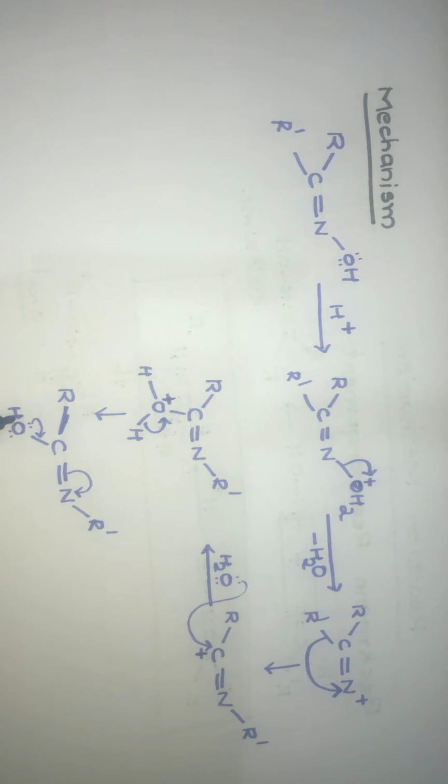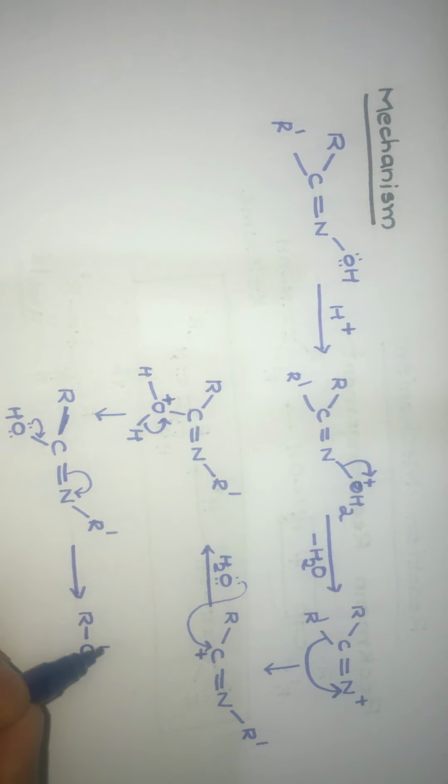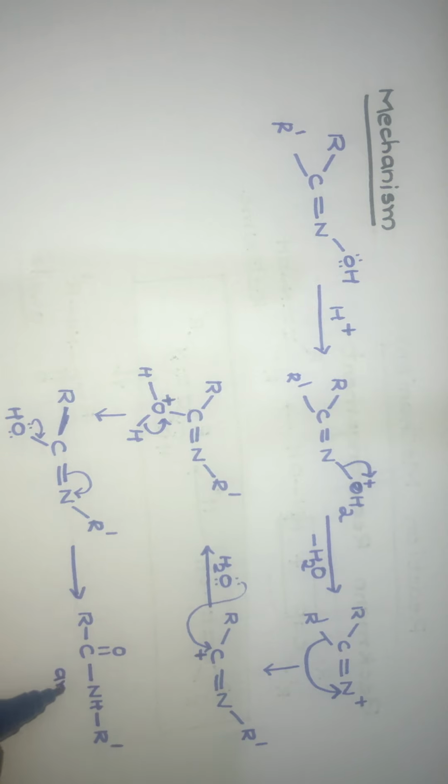The H plus, whatever, this oxygen, since the electron moves here, it forms a double bond. So H plus comes out of this. This H plus forms a bond with this. You get R, C, double bond O, N, H, R dash. You get an amide.